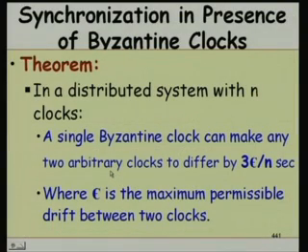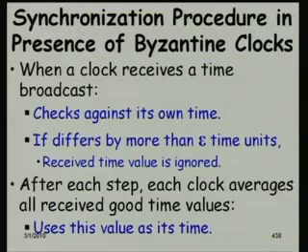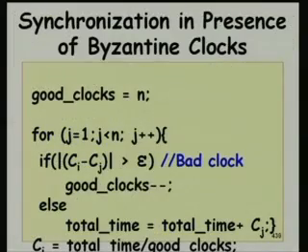So, in this previous, that Ci minus Cj should be greater than epsilon. Let us see. Ci minus Cj, if it is greater than epsilon, then we call it a bad clock. Suppose Ci has drifted by epsilon, Cj has drifted by 2 epsilon.